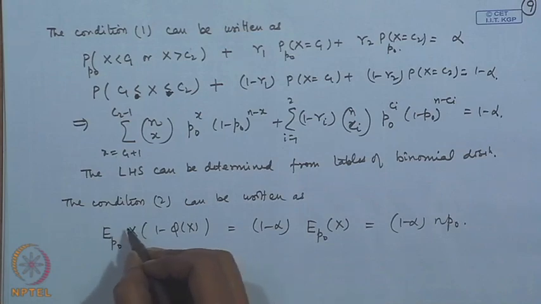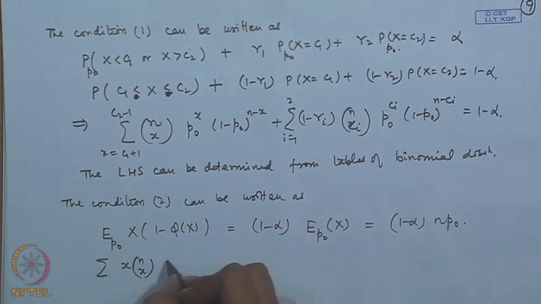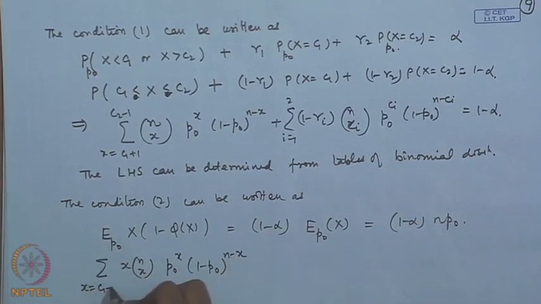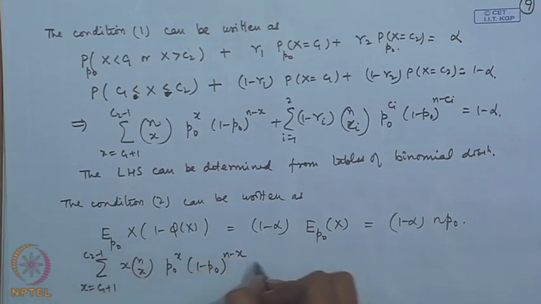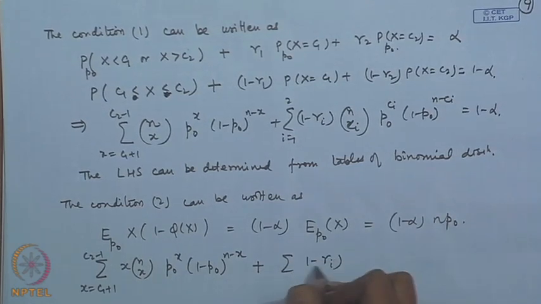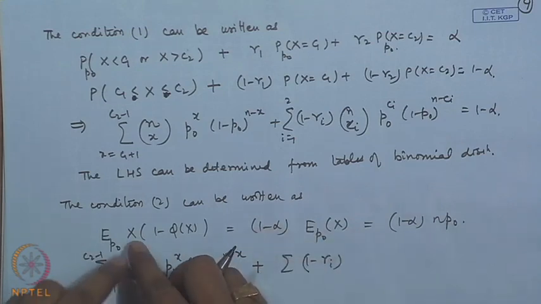Now, the left hand side if you look at once again, this is becoming the sum of x into n C x p naught to the power x, 1 minus p naught to the power n minus x for x is equal to c 1 plus 1 to c 2 minus 1, plus the sum of 1 minus gamma i into n C c i into c i, because we are considering multiplication of x.